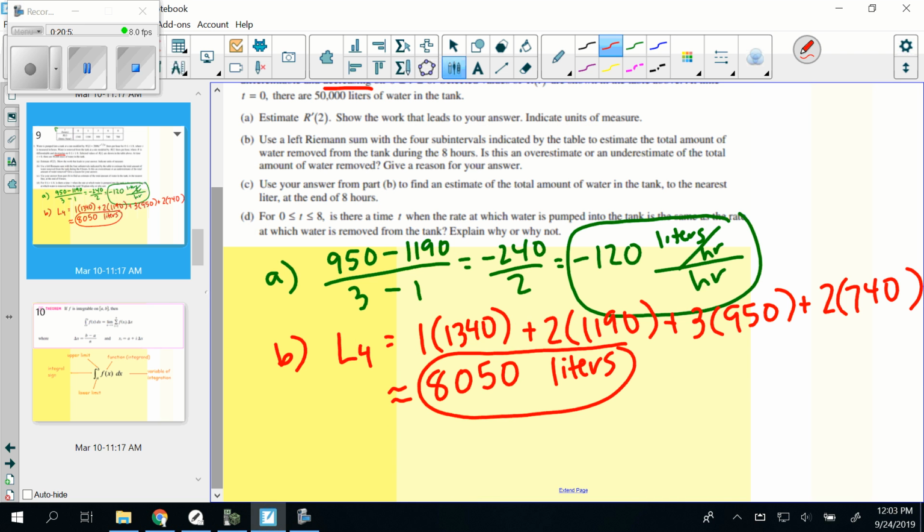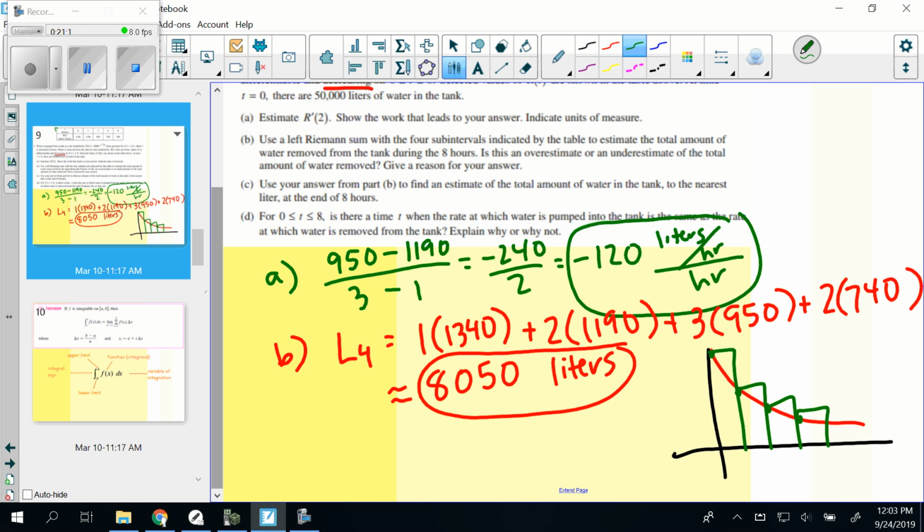So we've got a decreasing function and we are using left endpoints when doing these rectangles here. So I'll just draw on a couple sample ones here. If we're using left endpoints and we have a decreasing function, is this going to be an overestimate or underestimate? You can see the amount of area here is over what it should be underneath that graph. So this would be overestimate.